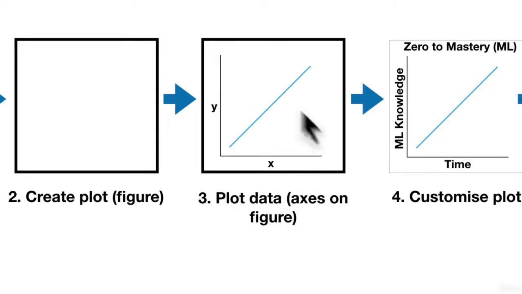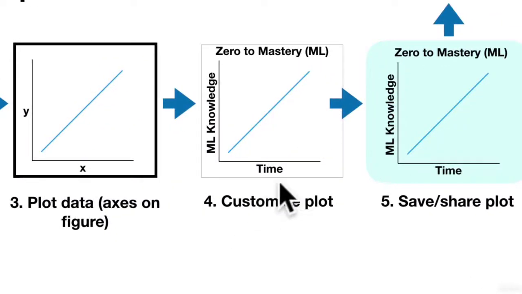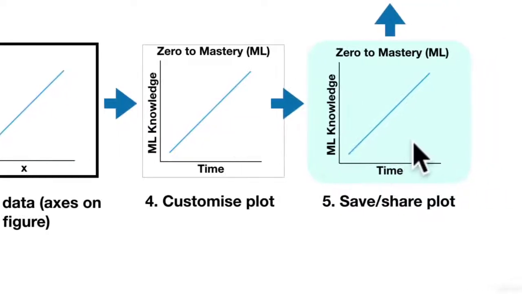And so once you've plotted some data, you'll have something that looks like this, an X and a Y axis with some information on here. Then you can customize the plot and add in something like a little bit of a title here, and another title here, and a title here. So in this case, we've got the Zero to Mastery machine learning, and over time, your ML knowledge is increasing. Well, that sounds great. That's kind of similar to what we're doing now. And then finally, you'll save or share the plot.